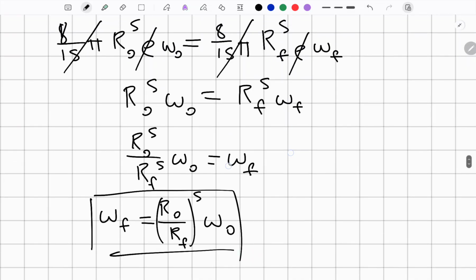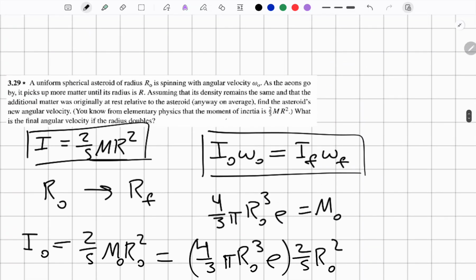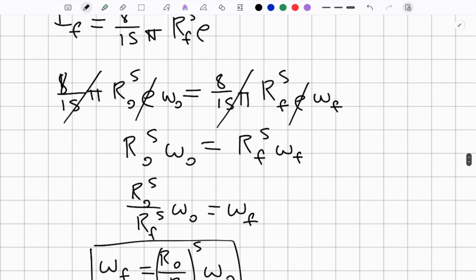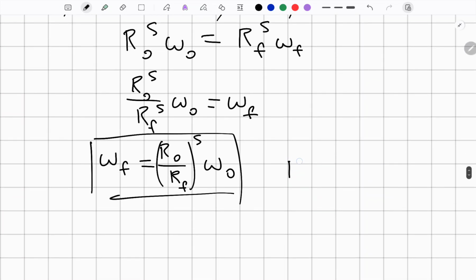Now, for the second part of the question, it's asking us what is the final angular velocity if the radius doubles. So what that means is that our final radius is going to be 2 times our initial radius.